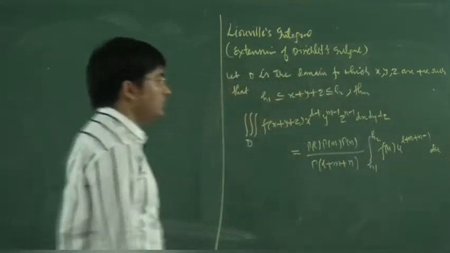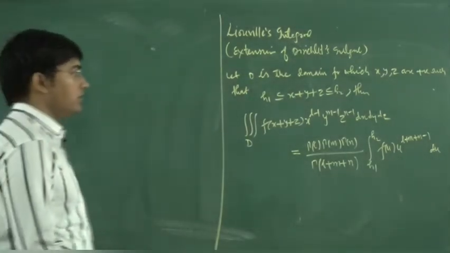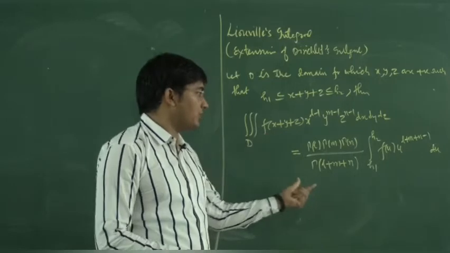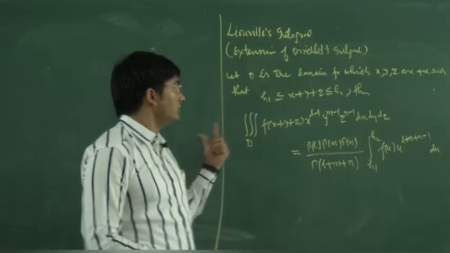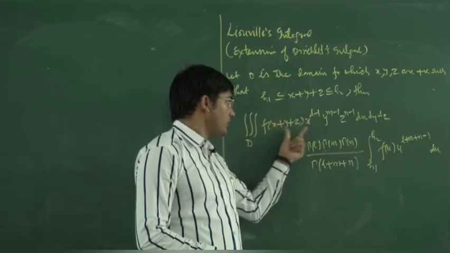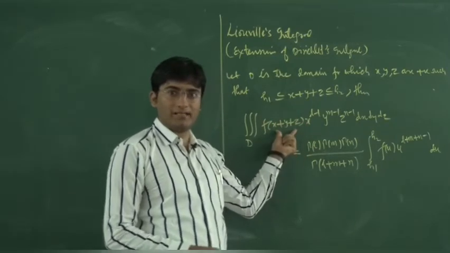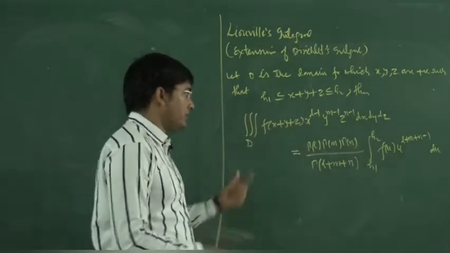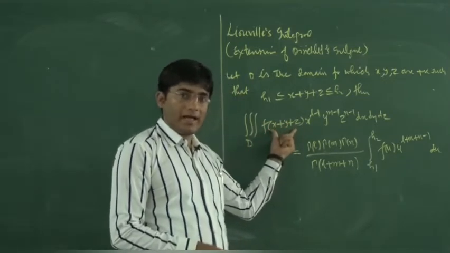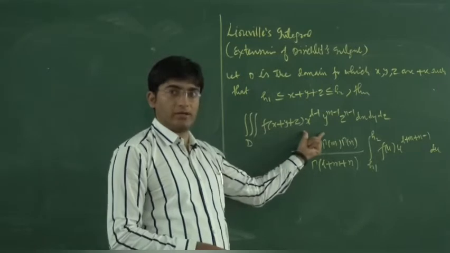So this is the value of this triple integral, and the basic difference between this formula and the Dirichlet formula is that in case of Dirichlet formula we do not have any function of x plus y plus z, but here we have some function of x plus y plus z in this integral.